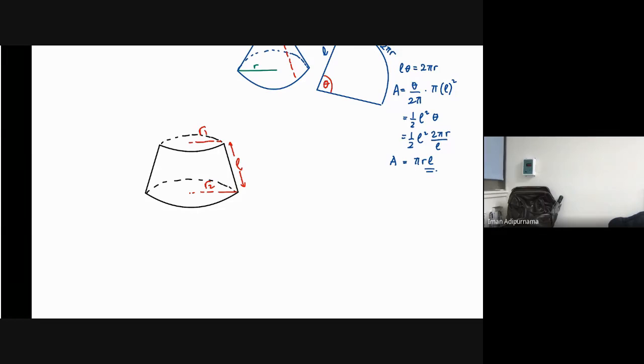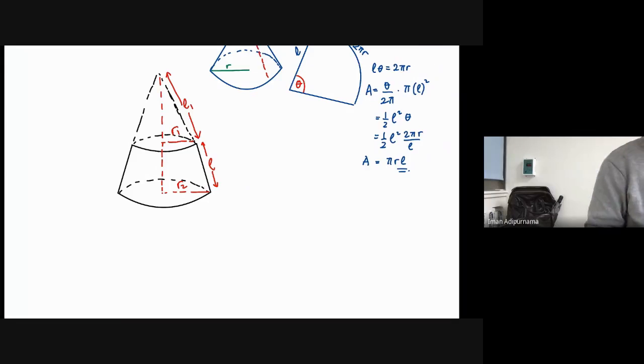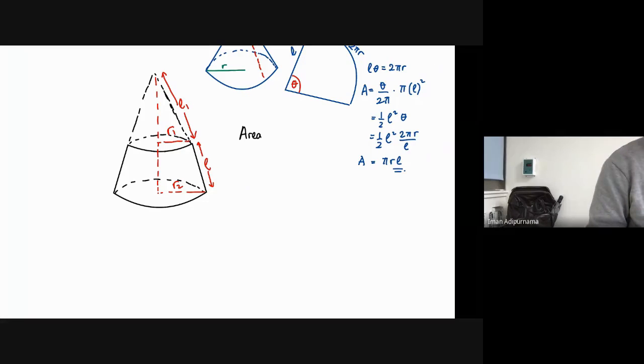Let me make another cone. You can see there will be a big cone and then a small cone. So the first term is the big cone minus the small cone. This part will be L1. Now let's compute the area of the big cone.